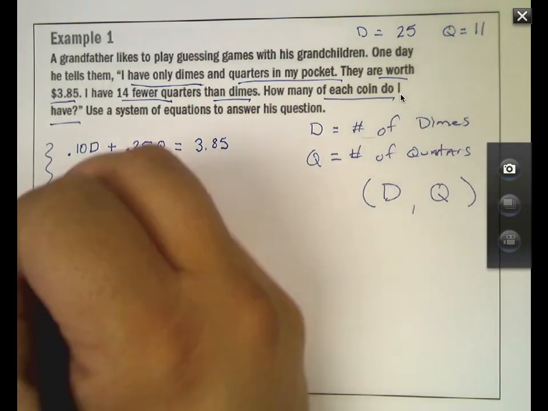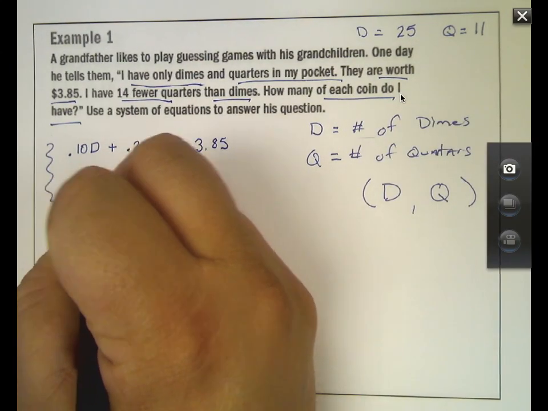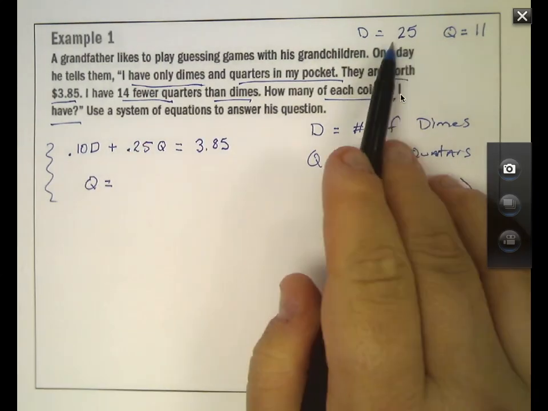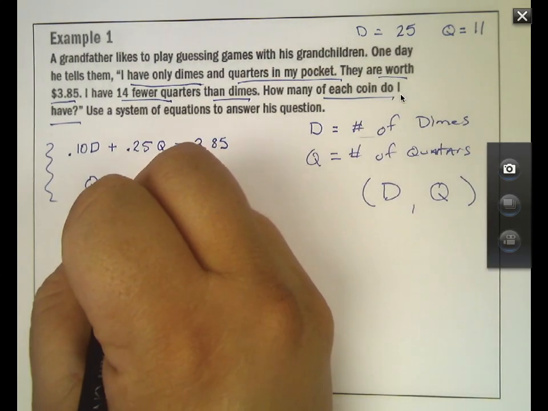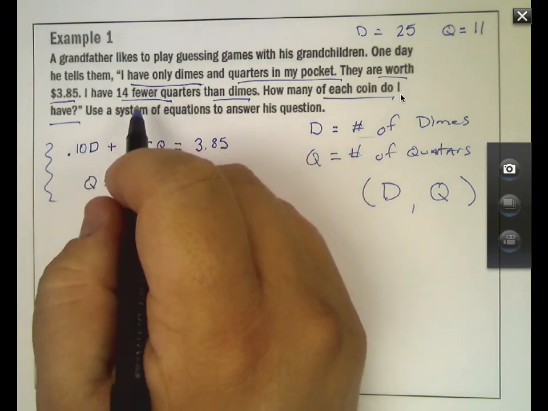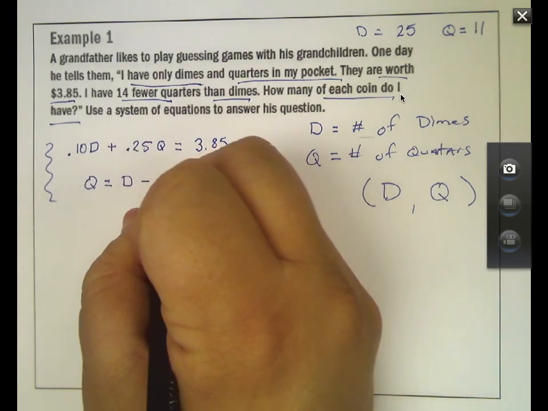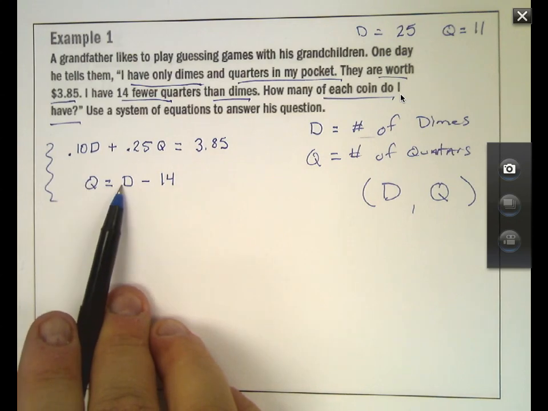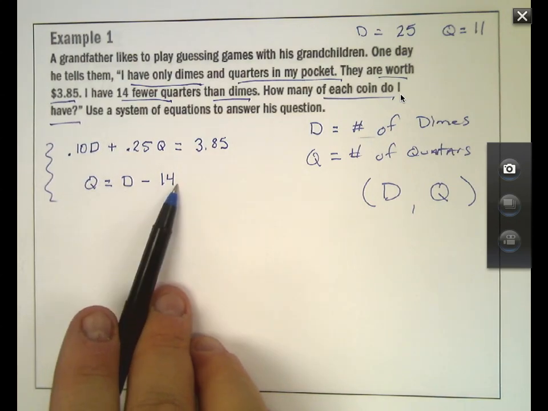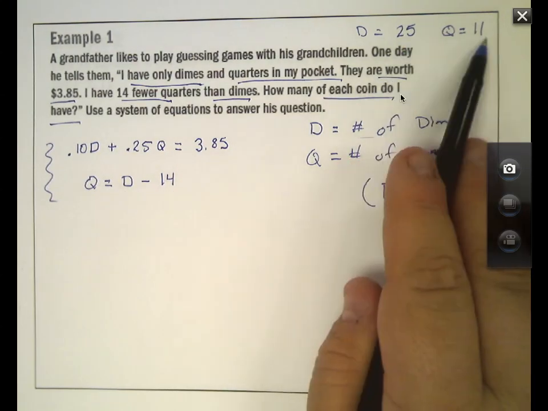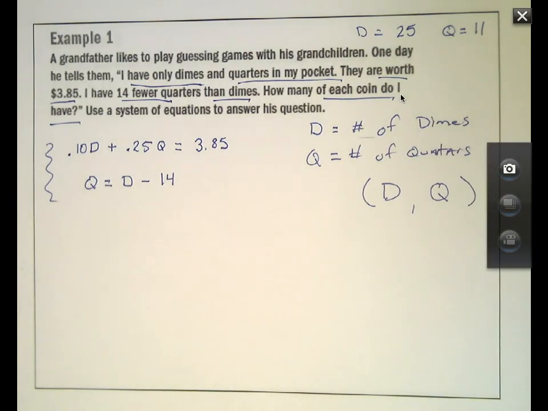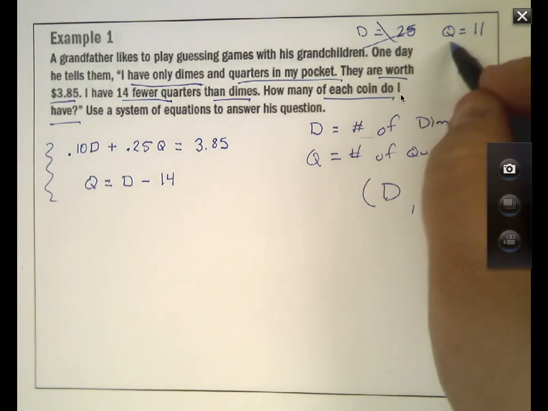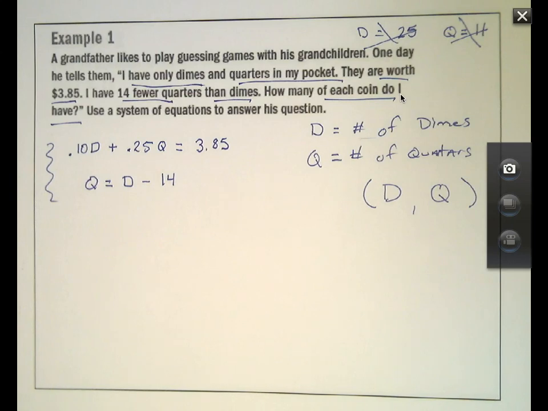Well, the number of quarters is equal to the number of dimes minus 14. Because quarters aren't equal to dimes, they're equal to dimes minus 14. There's 14 fewer. This was just an example. So now I have my two equations.